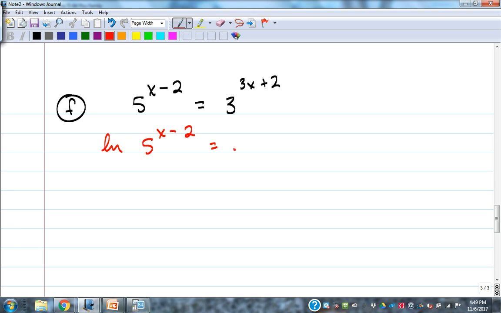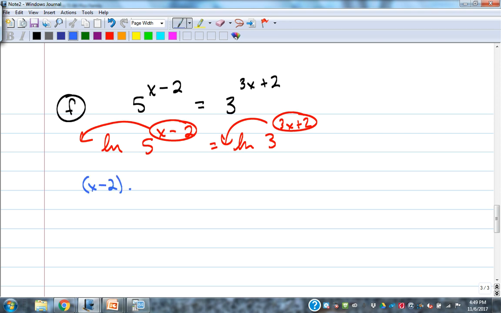But here we've got natural log of 3 to the 3x plus 2. Now here's what happens with the properties of logs: this exponent comes down to the front, and this exponent comes down to the front. So we have x minus 2 times the natural log of 5, and on this side we have 3x plus 2 times the natural log of 3.